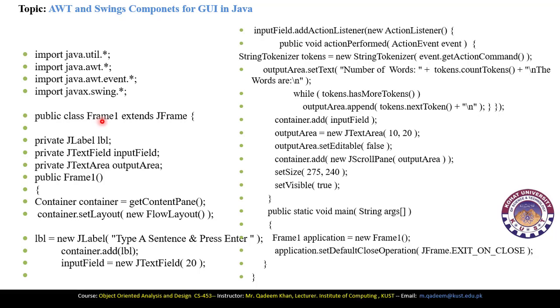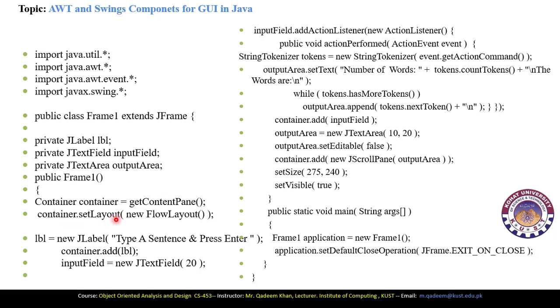Here we have declared the class Frame1, which is a public class extended from the JFrame. Then we have a label lbl. We have also a text field, the input field, and a JTextArea, the output area. Here is the constructor. The constructor contains the container. Here we have defined the container, and the container's memory is obtained from getContentPane.